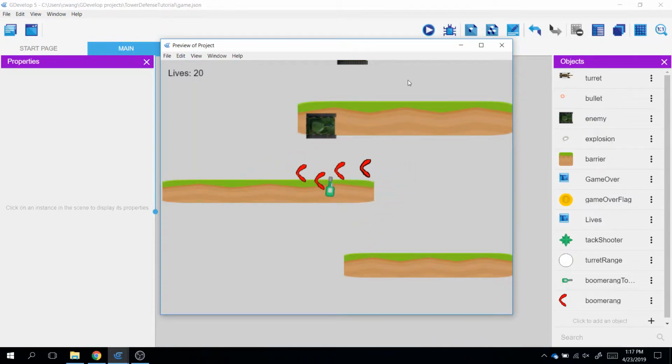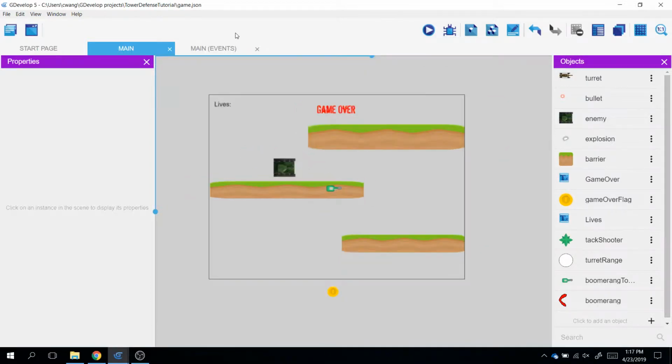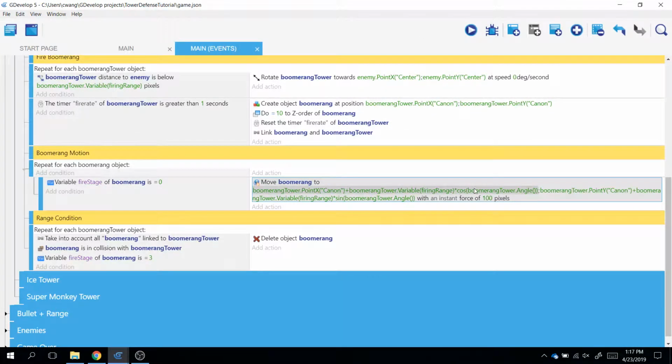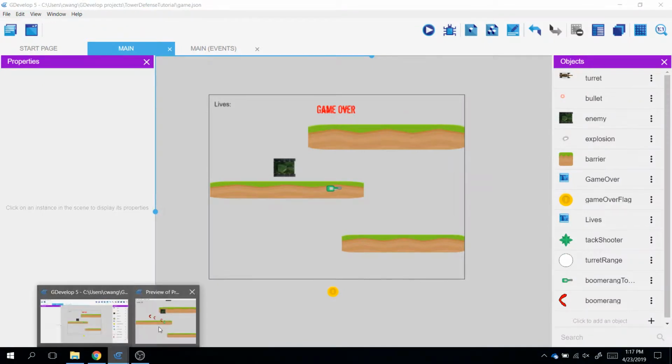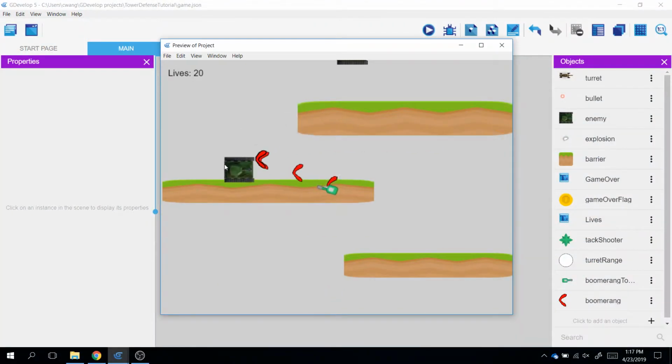And what exactly is this doing? Well, if we look at our events, we are taking the cosine of the angle and multiplying it by the firing range and adding that to the cannon position to make it move all the way to the furthest position it can.